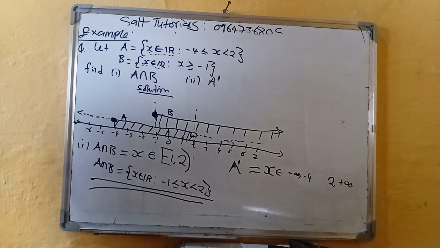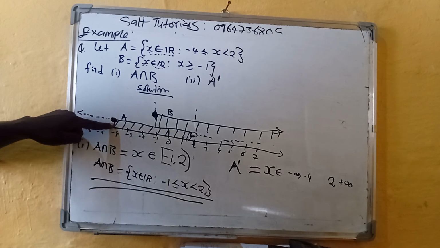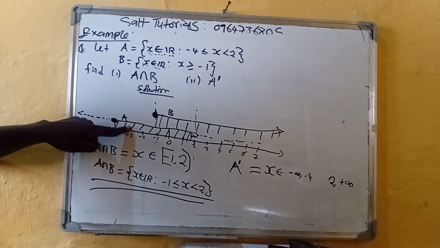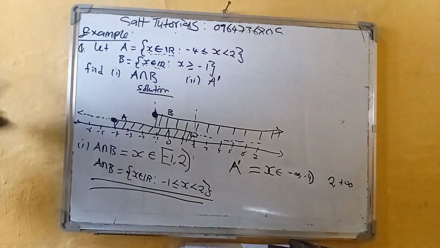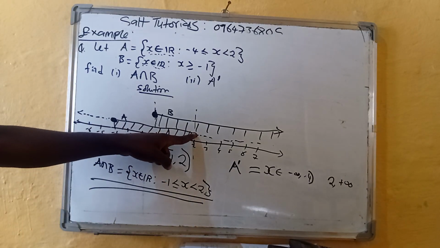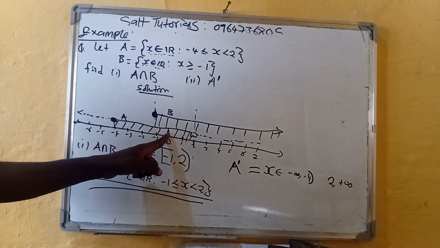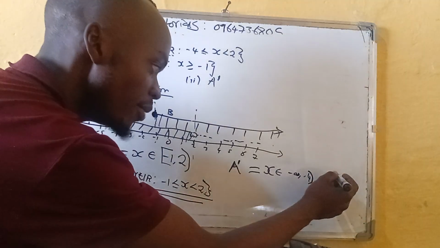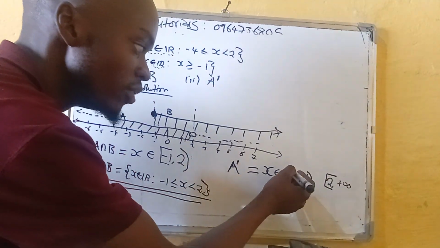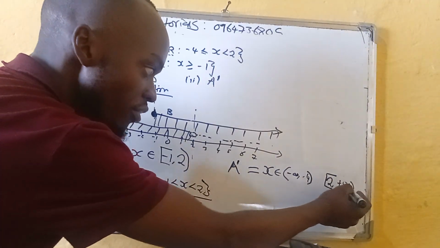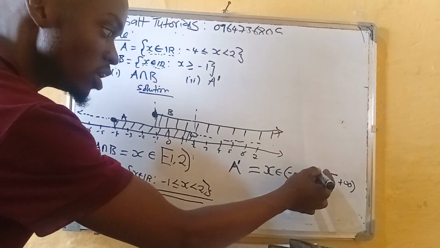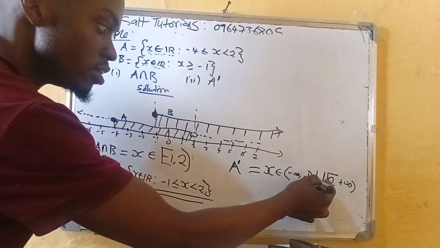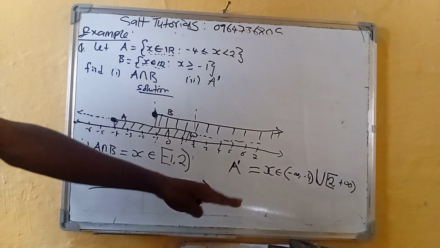Then I look at the brackets. Here -4 was shaded, which means it is in A. I'm looking for something which is not in A. So if -4 is in A, this will not be closed but will be round. 2 here is open, so it's not in A. If 2 is not in A, we can include it in the A complement with a square bracket. Infinities are never closed, they are always round. So it is either this or that. Connecting these two intervals, we use a union in between. So this is the A complement.